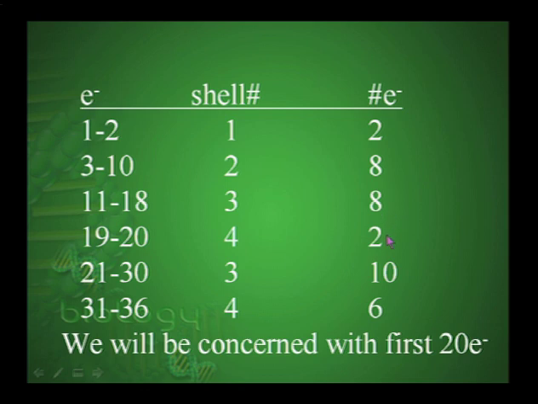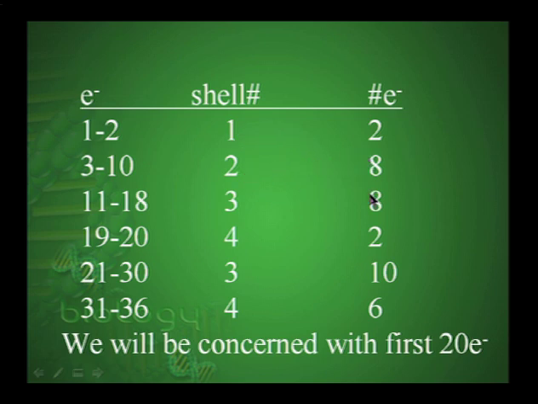Now, generally, electrons fill from close to the nucleus away from the nucleus. There are some exceptions as we get further out, but again, we're going to be working primarily with the first 20 electrons. So the first 2 go into the first shell, then the next 8 electrons in the second shell.